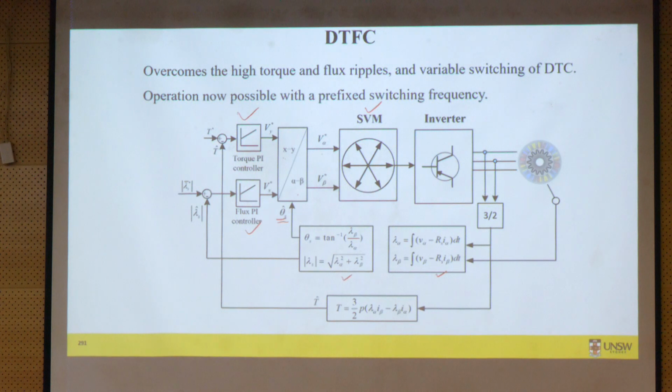We actually use a transformation, and to use a transformation you need an angle. This angle is the angle between your alpha-beta plane and an arbitrary plane called XY, because we don't actually know where the flux linkage is. So it's an arbitrary XY plane, and that's why this angle may not be your theta.